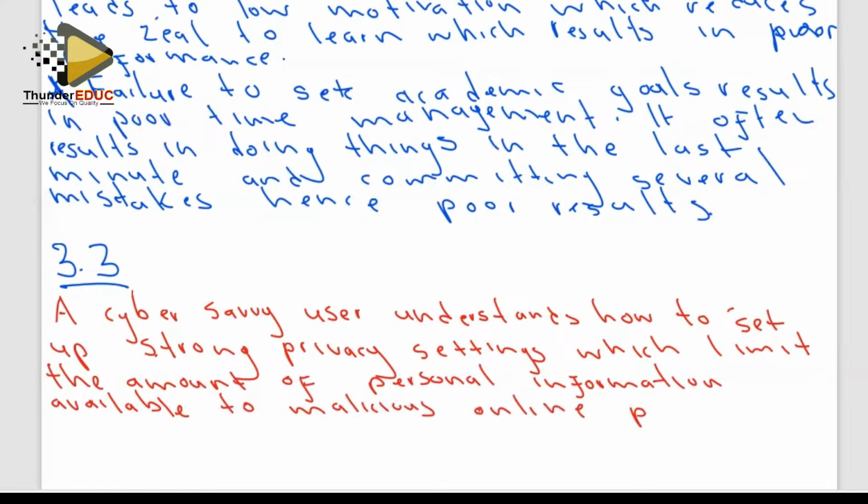So someone who is cyber savvy knows how to set up strong privacy settings, which limit the amount of personal information which they disclose to malicious online parties.